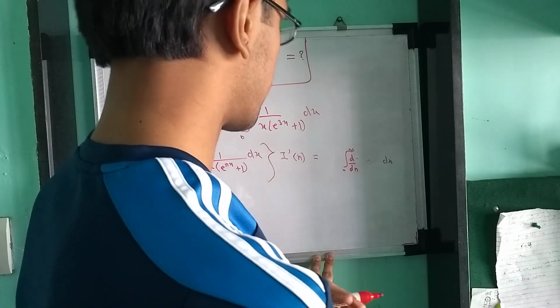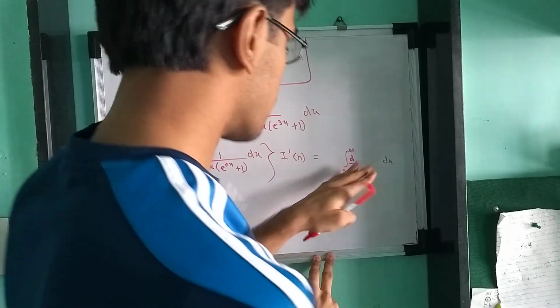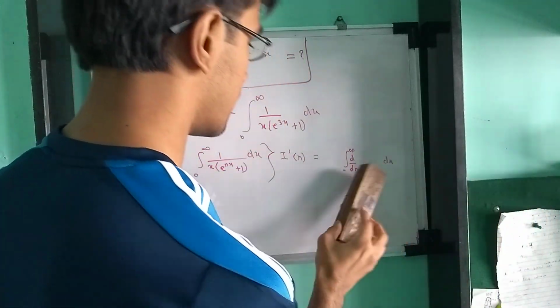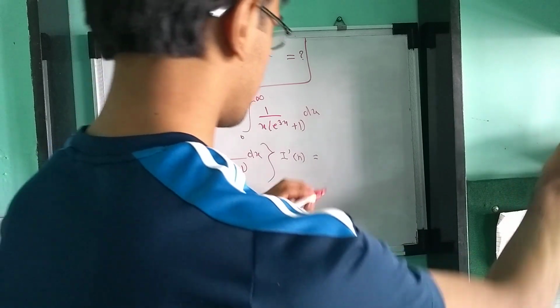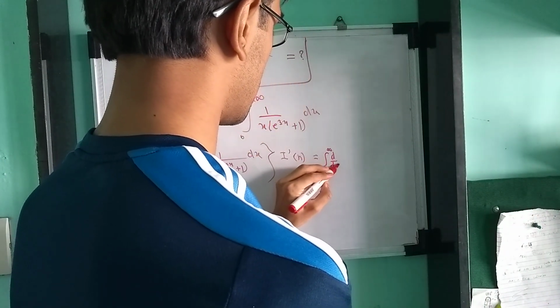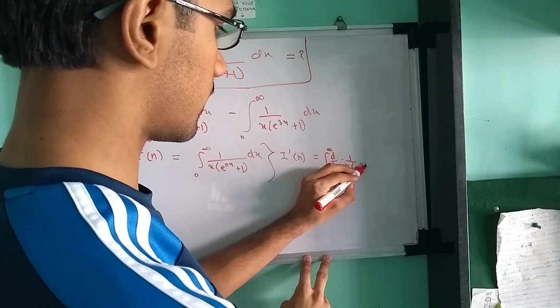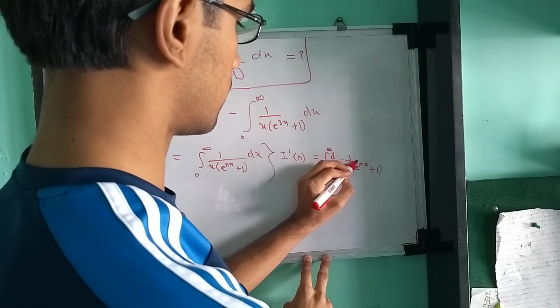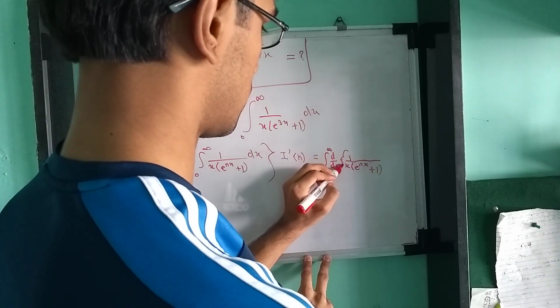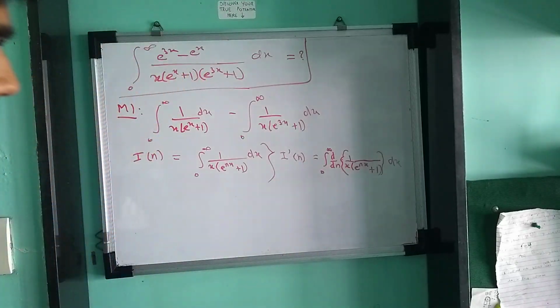Okay, so I dash n becomes, let me write that bigger, the integral from 0 to infinity of d by dn of 1 by x into e to the power nx plus 1 dx. That's what I dash n is.